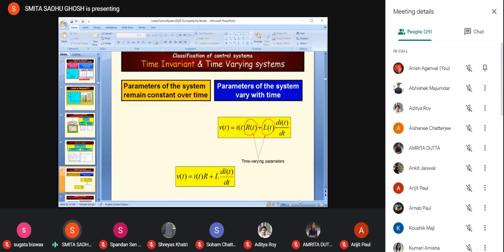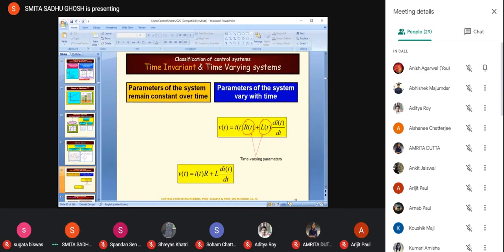So now coming to the next category, which classifies any system into either a time invariant system or a time varying system.